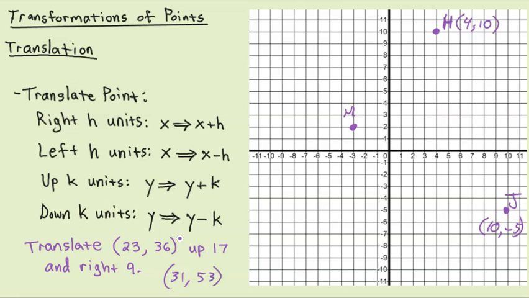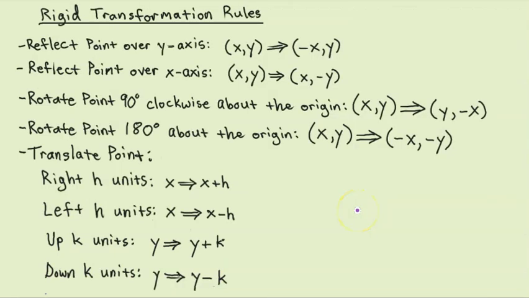So the translation from the point 23, 36 up 17 and to the right 9 would be the point 31, 53. And here's a summary of the rigid transformation rules. So make sure that these are in your notes, because these rules are going to be the basis of being able to answer a lot of the questions in this particular unit.